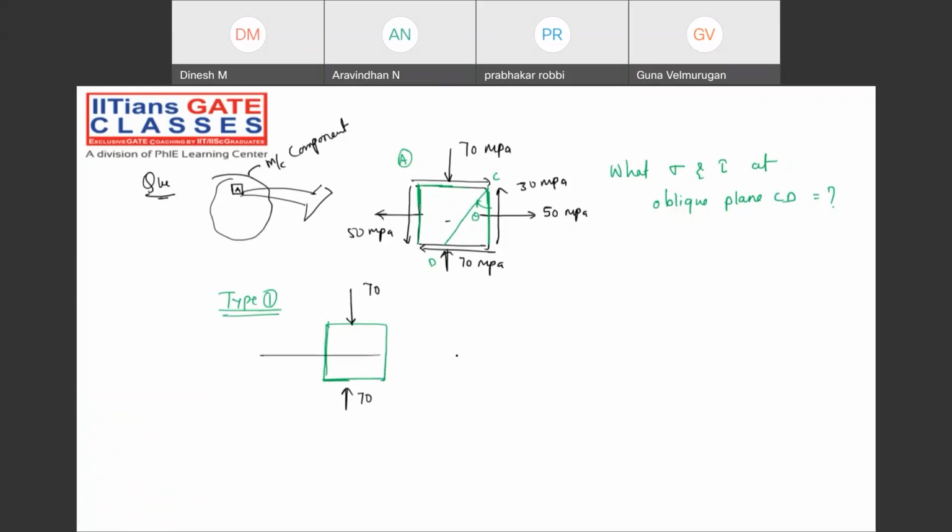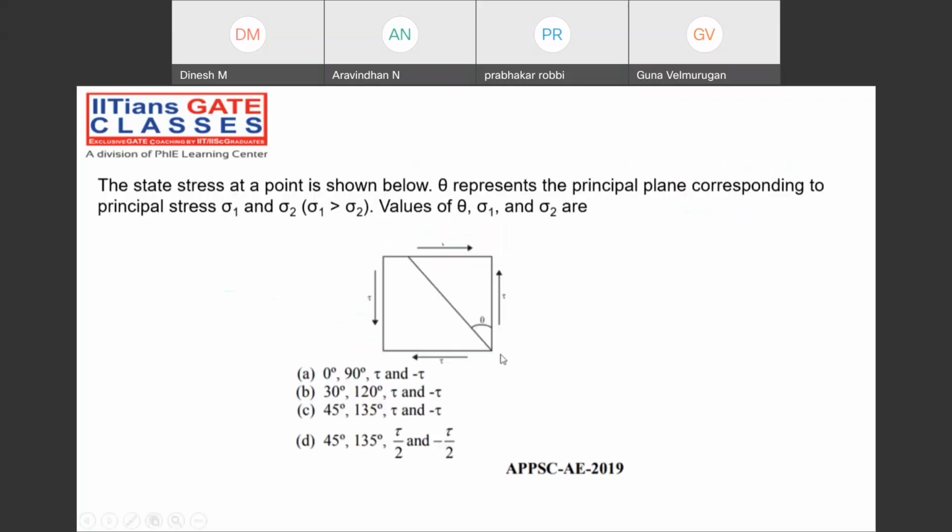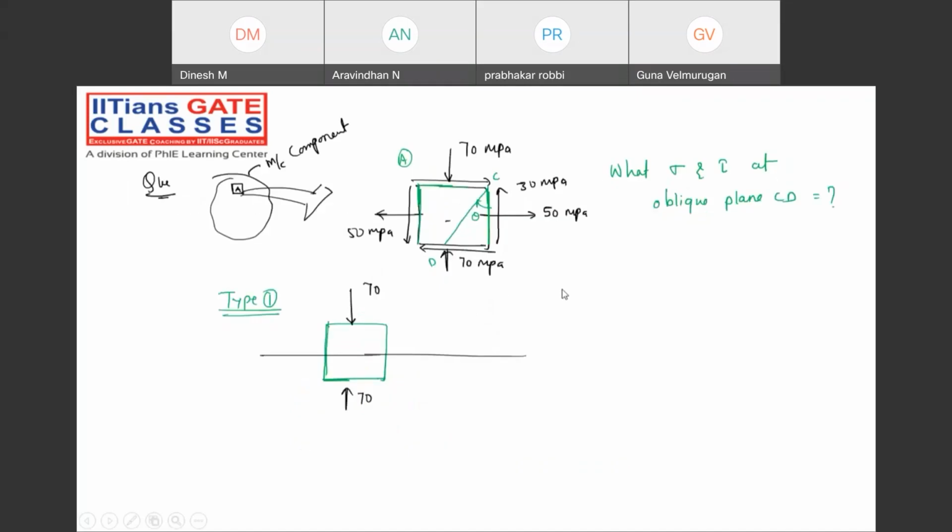With respect to horizontal, the original x-axis, I am just rotating this element by theta in the clockwise direction, like this. Look very carefully.